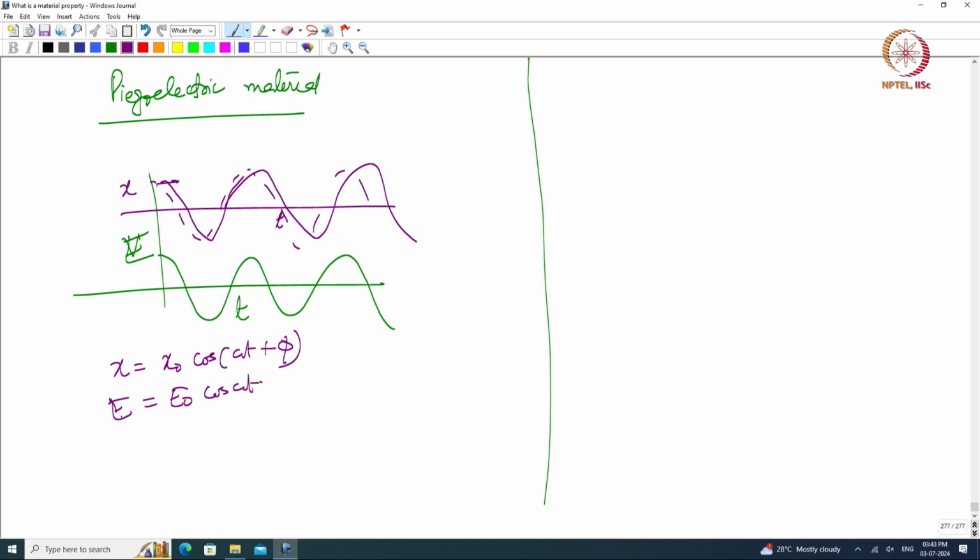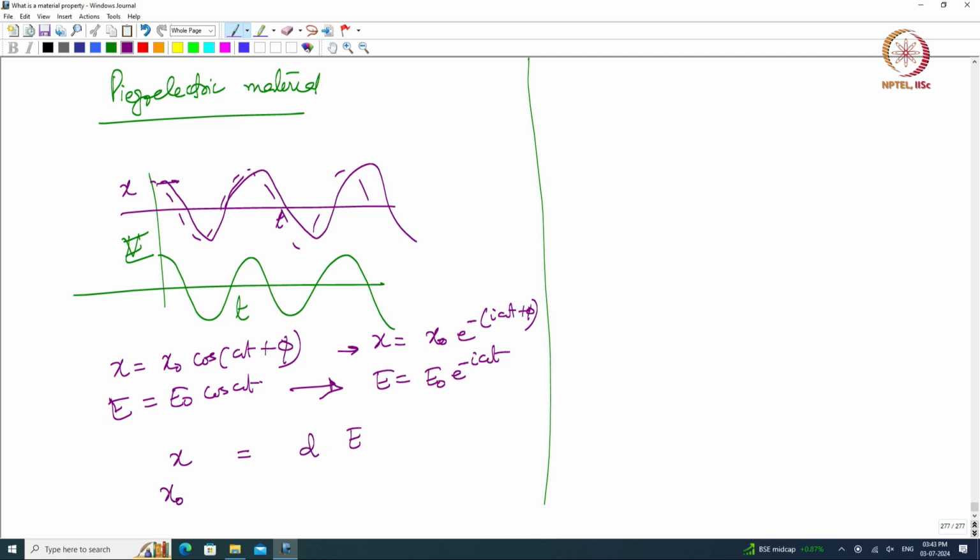Now, if I write it in what is called a phasor notation, in terms of this complex notation, E equal to E naught e^(-i omega t), whereas here x equal to x naught e^(-i(omega t plus phi)). Let's look at x, which is eventually supposed to be d times E, where d is my piezoelectric tensor.